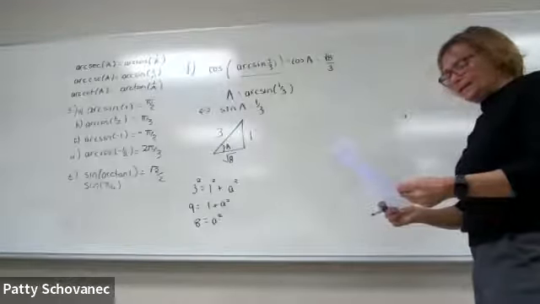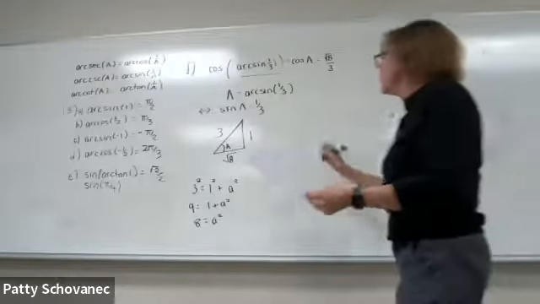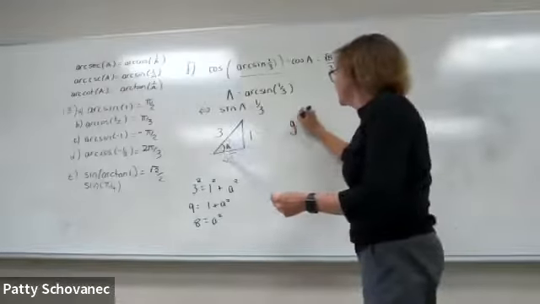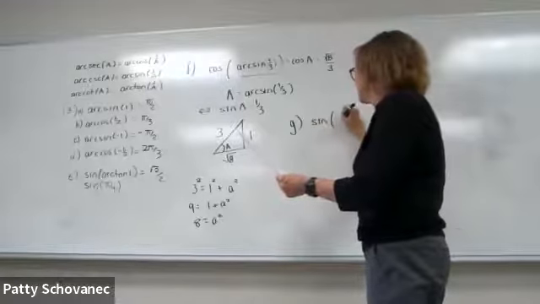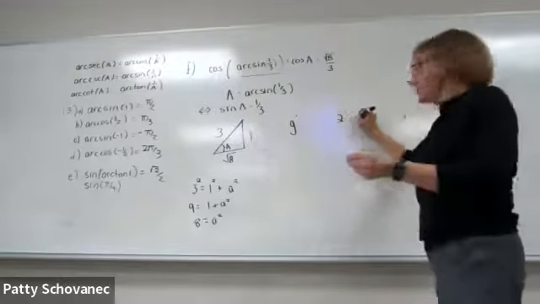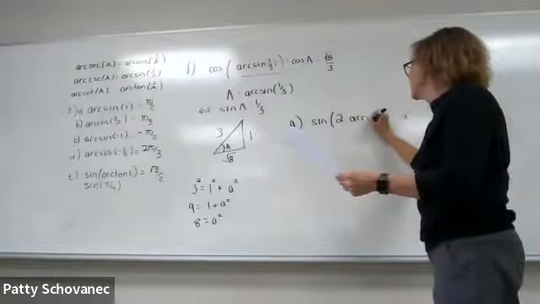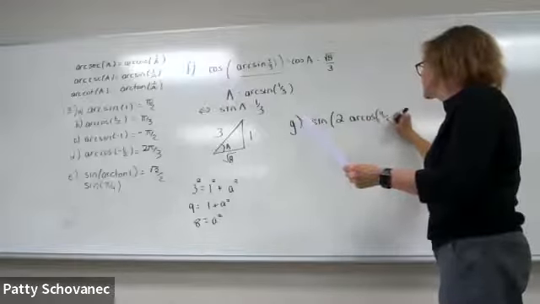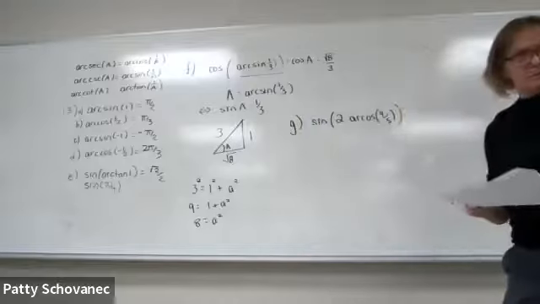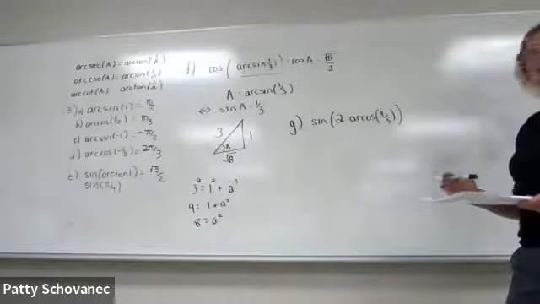All right, all right, all right. In part G, I put a little twist in it. I got a 2 right here. Then I've got an angle. Our cosine of 4/5. So I'm going to start the same way.